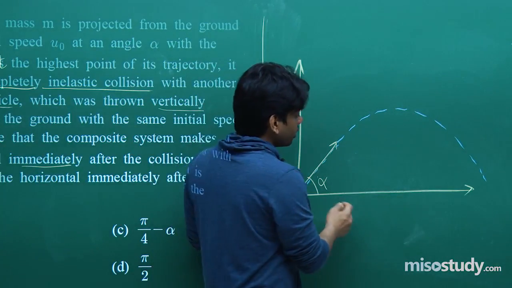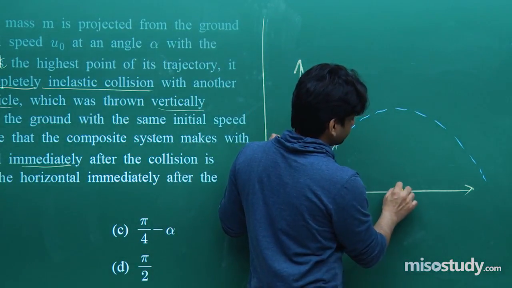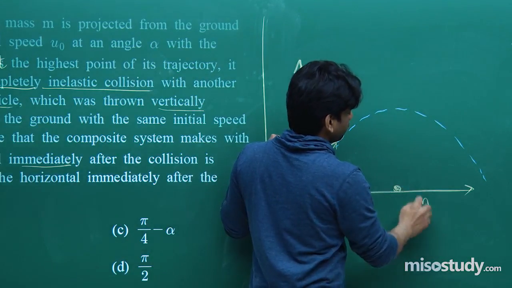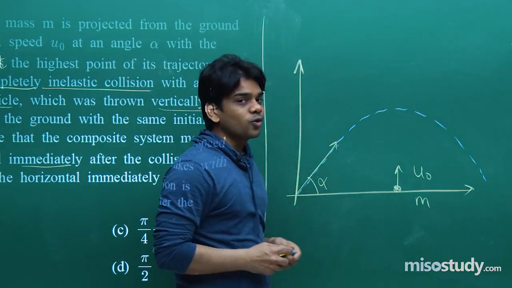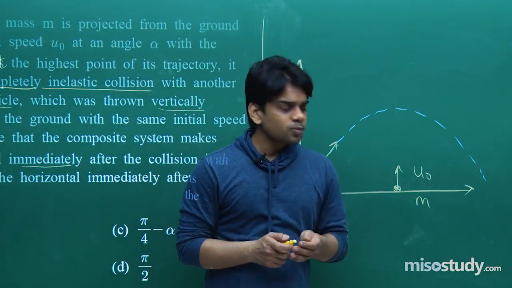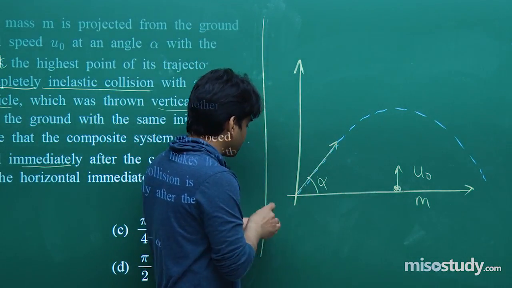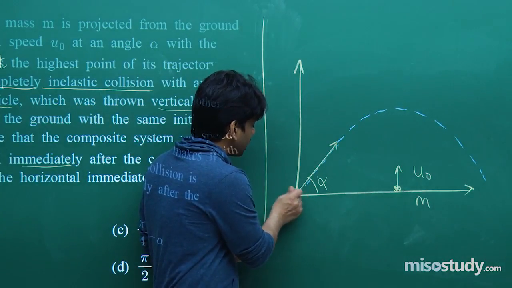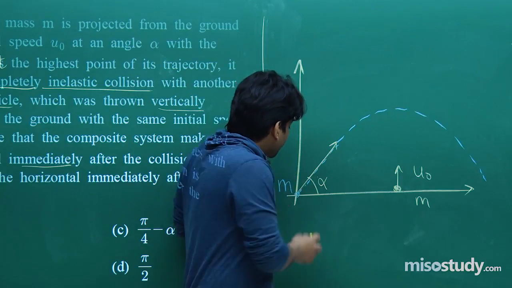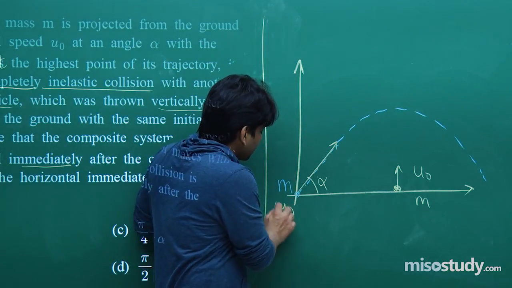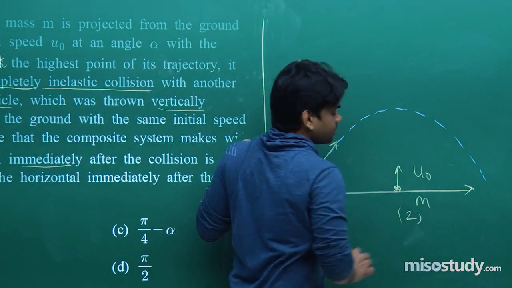Now from here, another particle is projected, same mass with the same speed u0. Both are going to collide at the highest point of the first particle, whose mass is m. This mass is also m. Let me mark the first particle and the second particle.